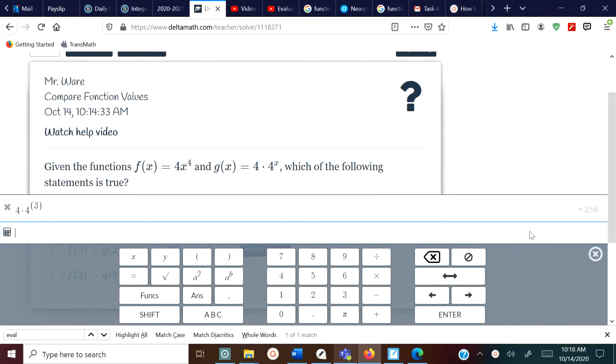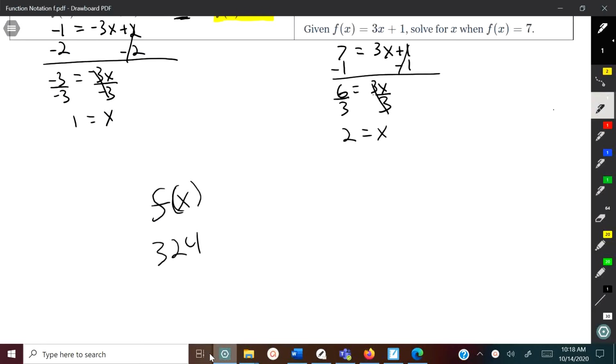They're both right there, but this one's 256. So I'm going to come back to my paper and write 256 for g of x.